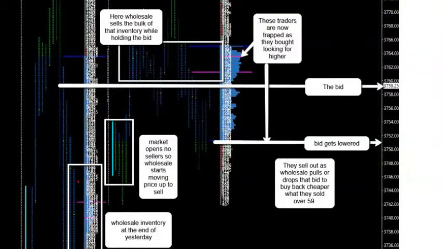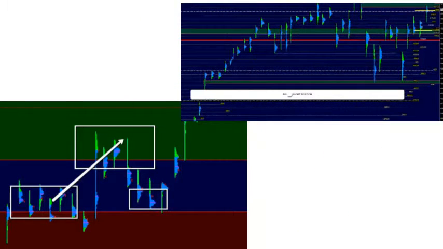Simply put, if you are buying the market when inventory is long and selling off or correcting, you are trading against the flow of size traders. In the same regard, if you are short in the market in an area where no one who actually owns the product is selling, then you are in for a rude awakening. And that's the reason the market's so high right now. We're literally using short positions as a kickstand.